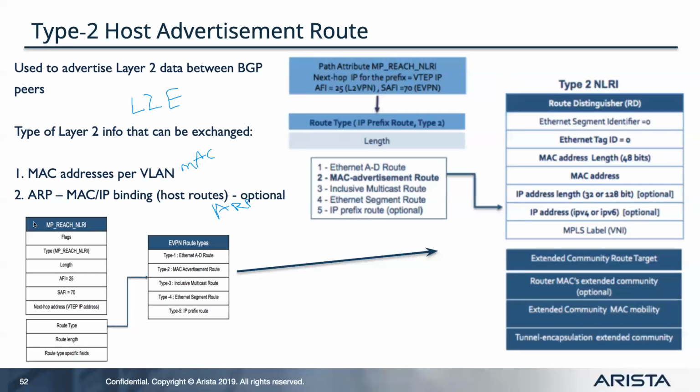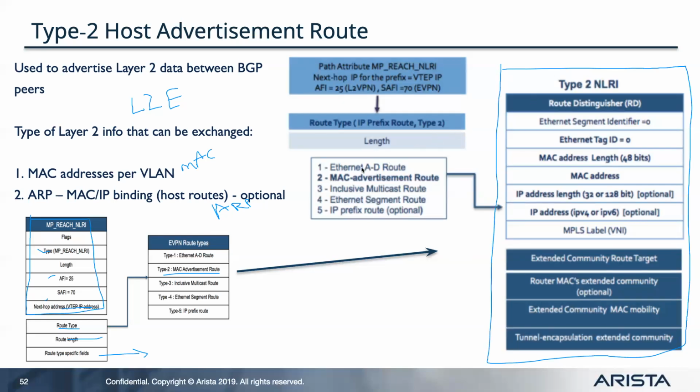Now, we already discussed the MP reachability NLRI fields: MP reachability NLRI, AFI, SAFI, and VTEP. Then it is followed by the route type, which here is the MAC advertisement route, and the route length. After that, it will follow with the type 2 more detail, which is nothing but this information.